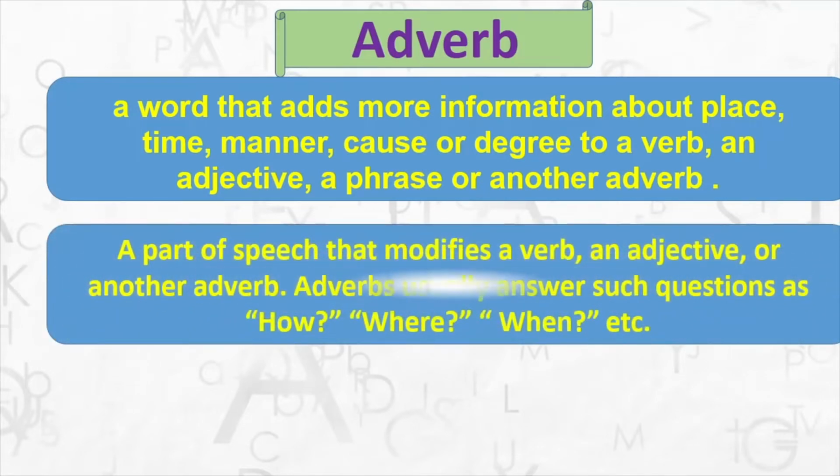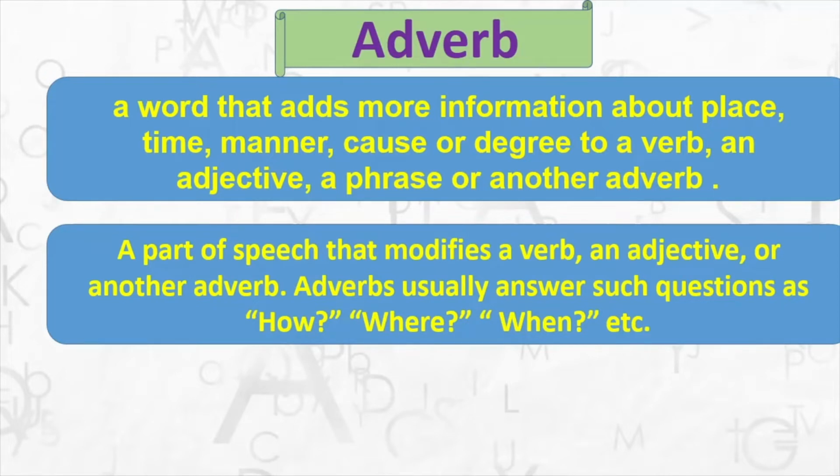In other words, when you describe an adverb, you can say it is a part of speech that modifies. Modifies means what? Changes, or slightly makes the verb or adjective different. It brings out the difference in a verb, an adjective, or another adverb.